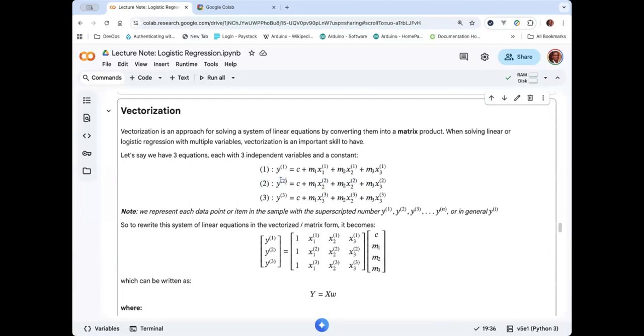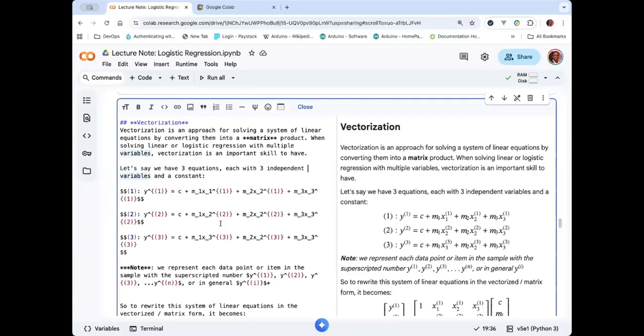And so you have y2, this is data point 2, superscript 2. So you see the same parameters, the same c, the same m1, the same m2, and the same m3, basically the same parameters. But you now have a different set of x1, x2, x3. Let me correct that.